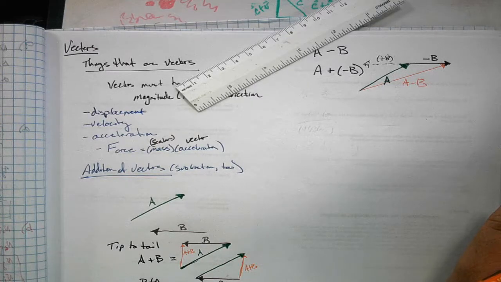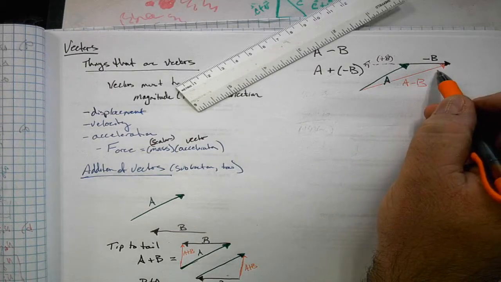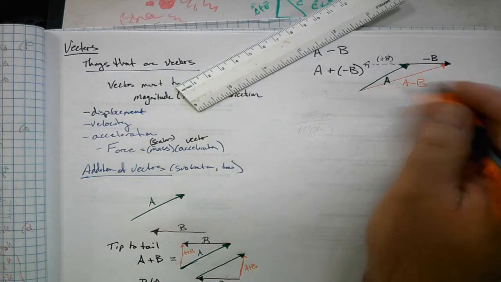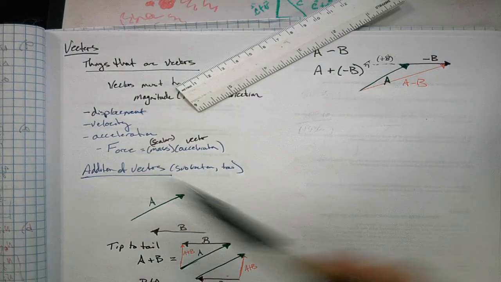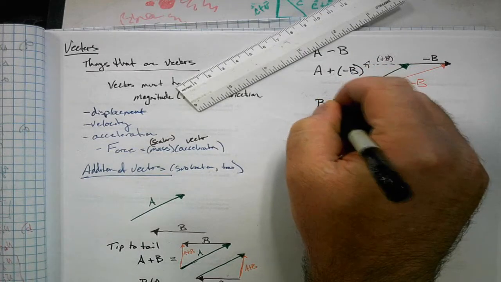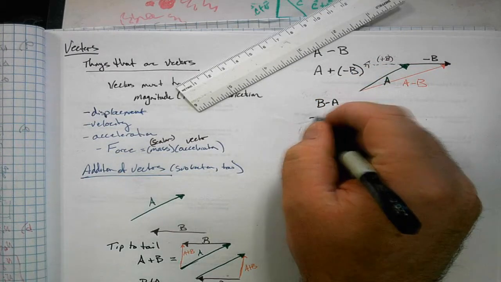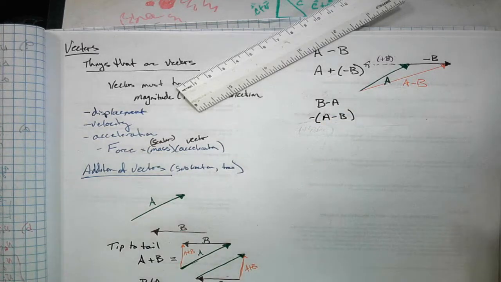B minus A is different. But it should just be the opposite of this. It actually winds up being the opposite direction because those rules still apply. Let's say we did B minus A. Well, that would be the same thing as negative A minus B, right? Yes. Okay, I need some kind of acknowledgement if I'm looking up.